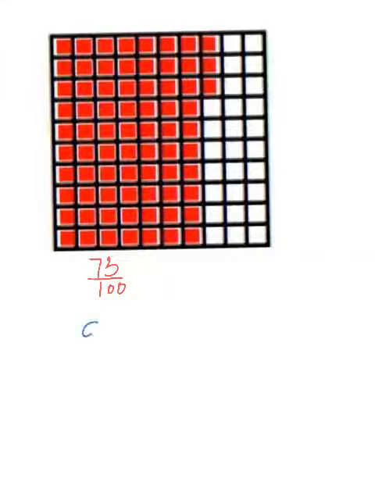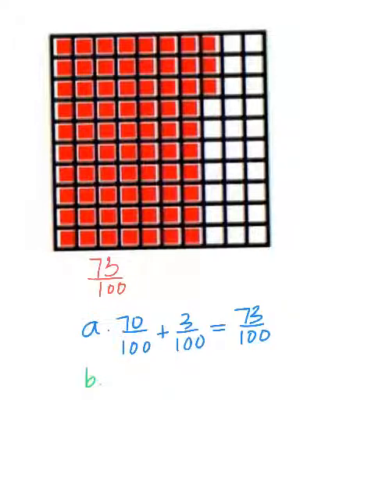So let's start with, we could decompose this to 70 100ths plus 3 100ths equals 73 100ths. And remember, there's lots of different ways we could do this. We could do 23 hundredths plus 50 hundredths to equal 73 hundredths.